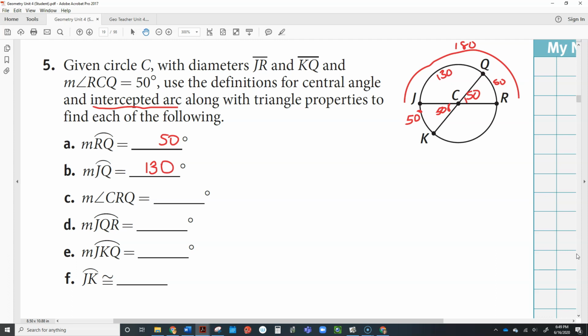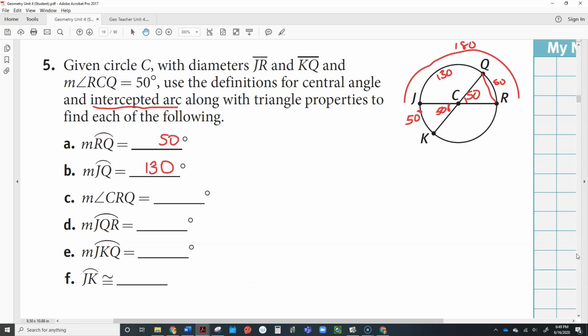The measure of angle CRQ. So they're drawing a chord in there.